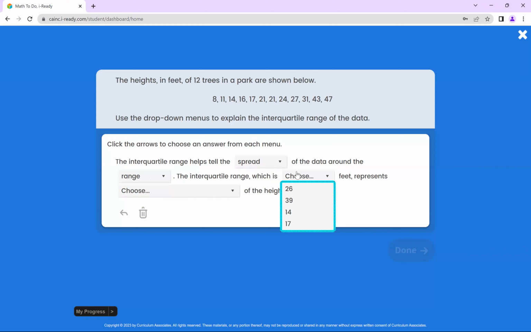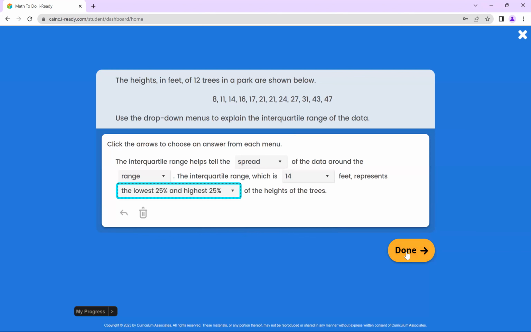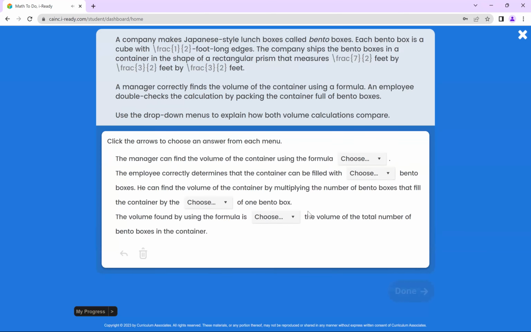Wait, hold on. 26 is not up there. I'm sorry, you're talking about in the data set. Okay. So like 14, because I looked. So yeah, let's go with 14. The lowest. Okay, yep, there we go.